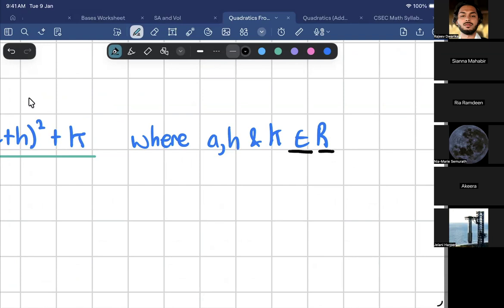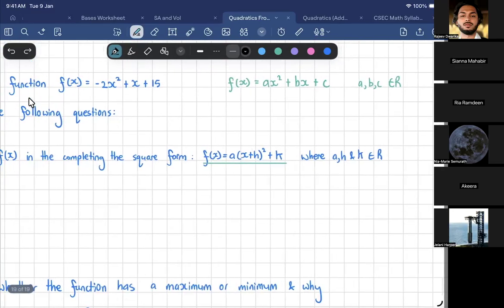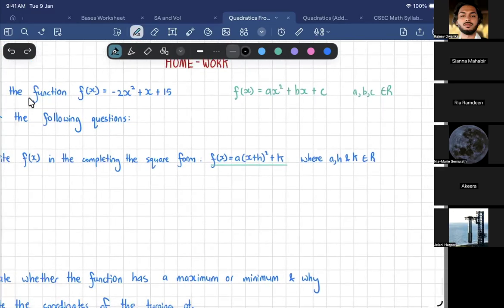And you know what a real number is? It's essentially all the numbers you work with, like whole numbers, integers, fractions, negative numbers. All those are real numbers. Isn't it rational numbers and irrational numbers combined? Yeah. The real number system contains everything you can think about.